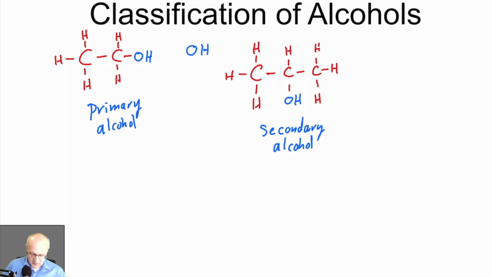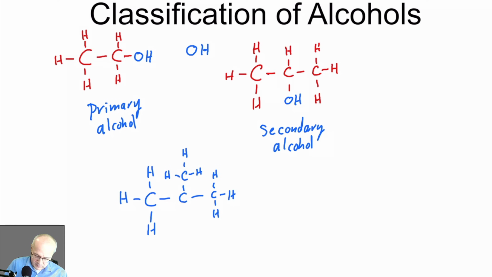Let's try tertiary. Now, to draw a tertiary alcohol, you need to have a tertiary carbon. So now, if I were to ask you what is the degree of this one, primary, secondary, or tertiary, you would say primary. For that one, you would also say primary, and that one is primary. This one, however, is tertiary.